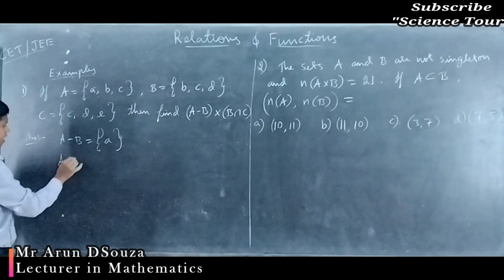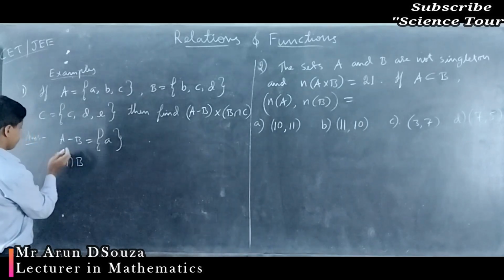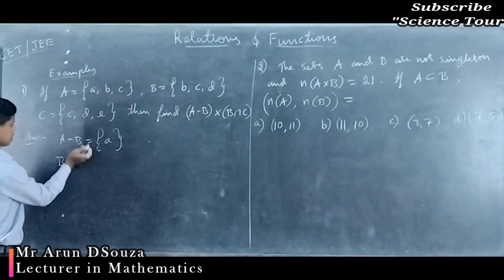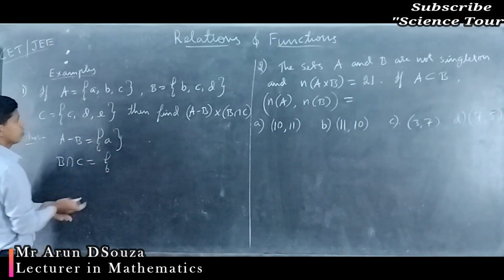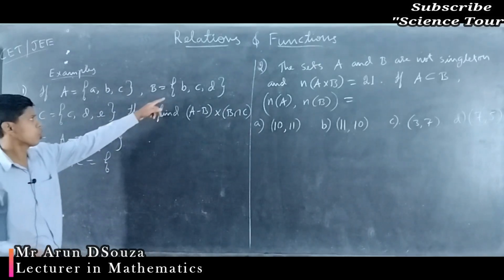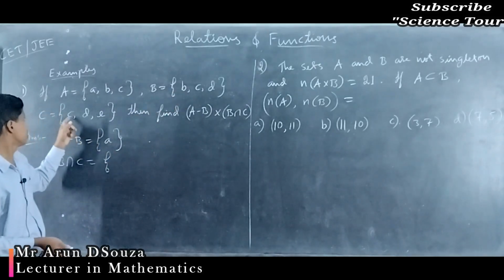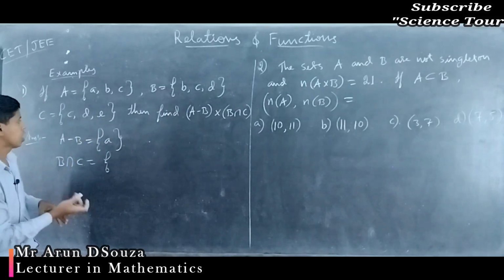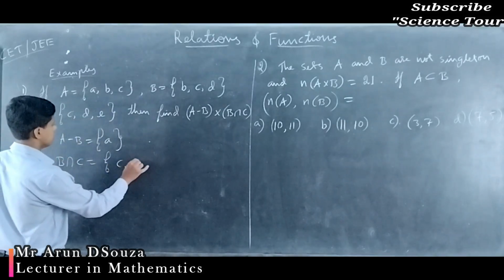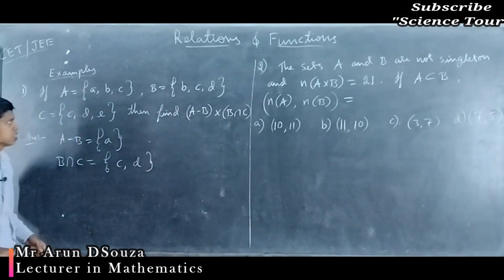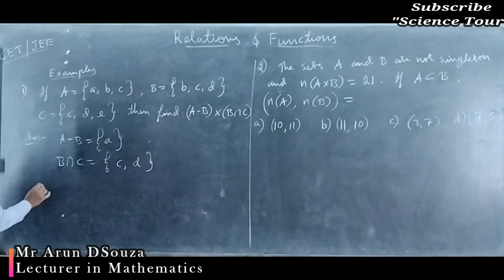And then B intersection C. When you have the intersection, you go for the common elements. B is {b, c, d} and C is {c, d, e}. Which elements are common? c and d. So c and d are the common elements.